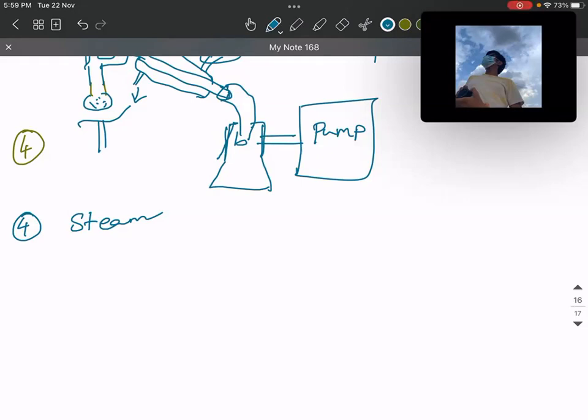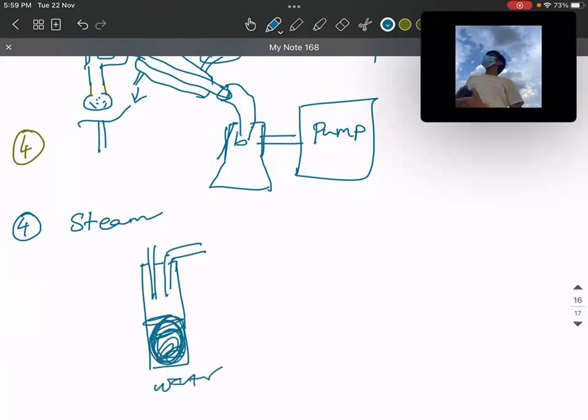Some of the organic non-volatile impurities will be there, and we can separate them. So first, you should have the steam. You have to generate steam, so you should have the water. When you heat the water, it will generate steam.